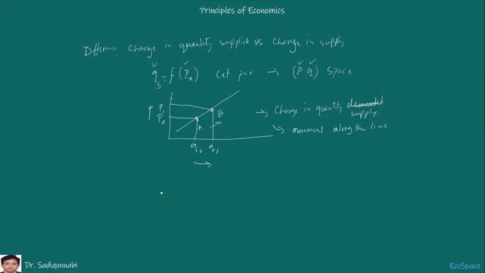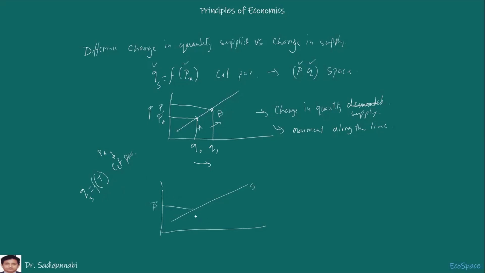Now, what if we say that our QS is now a function of technology, ceteris paribus? So PX is now inside the ceteris paribus. So PX is constant. So suppose we have this S. So our P is now constant.